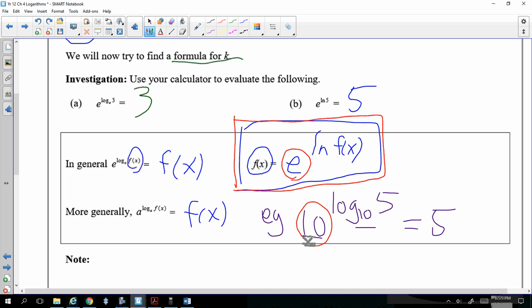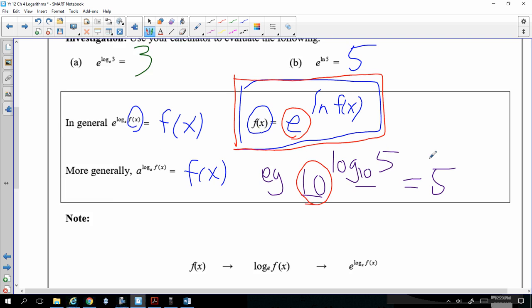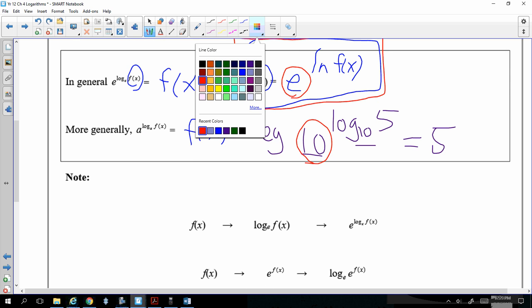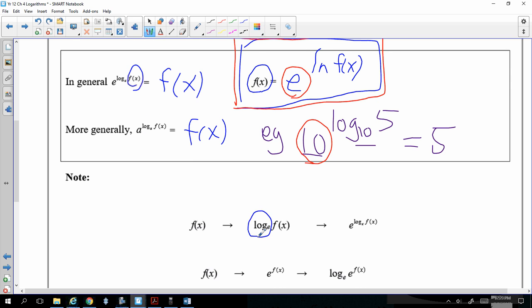It's actually quite easy: you apply log to a function and then you exponentiate the result, and you get back f(x). They cancel each other out. So if you apply log first and then exponential, or exponential first and then log, you still get f(x).